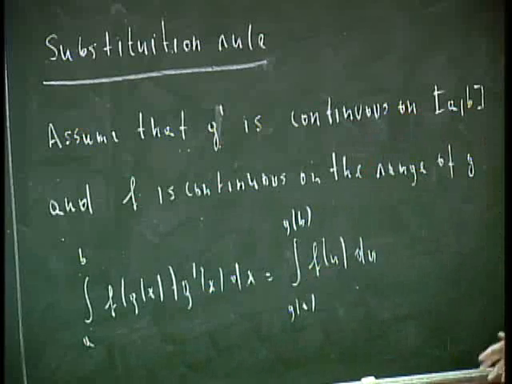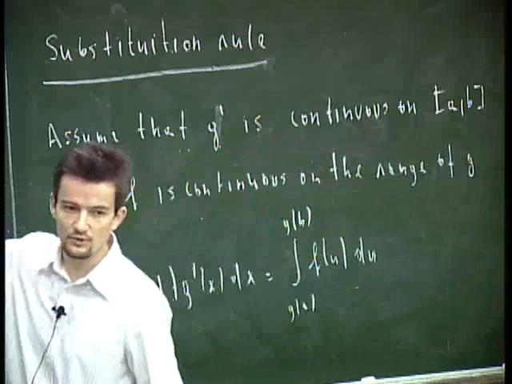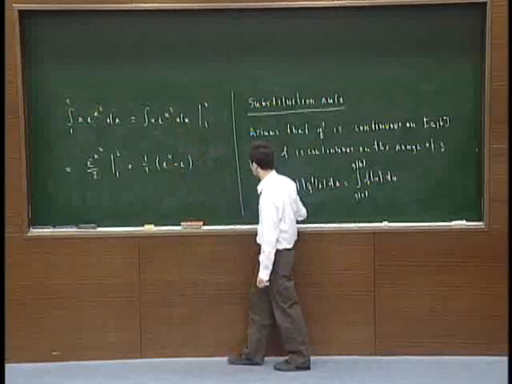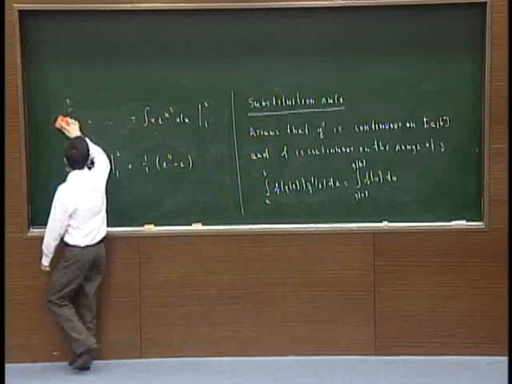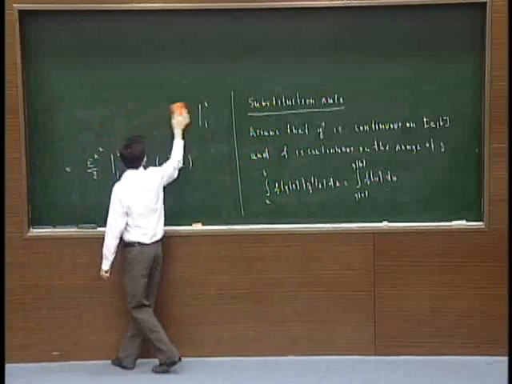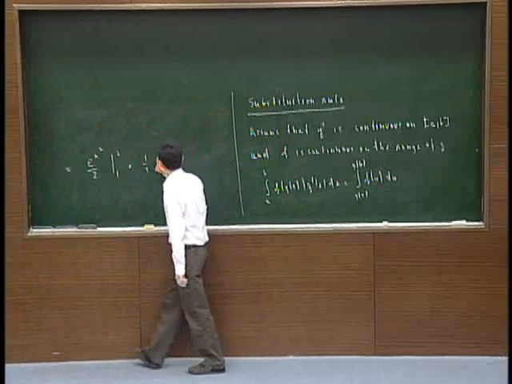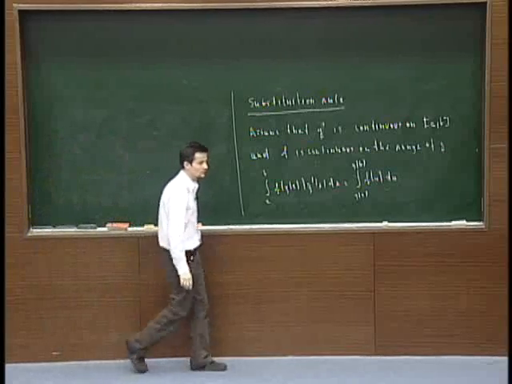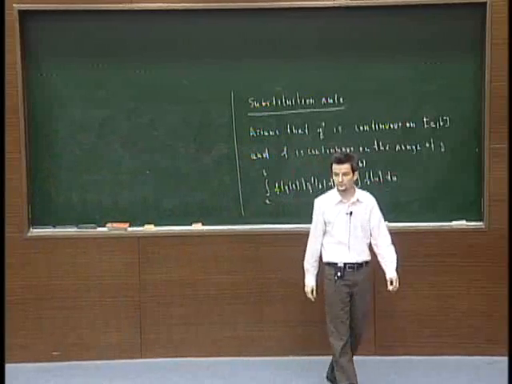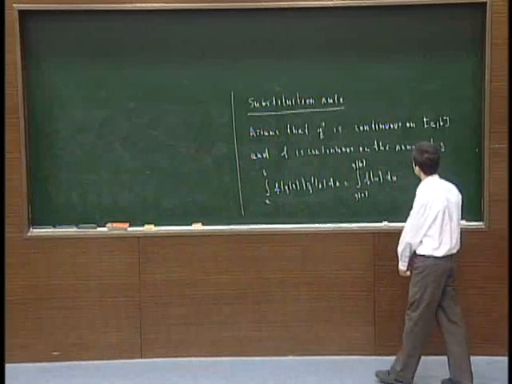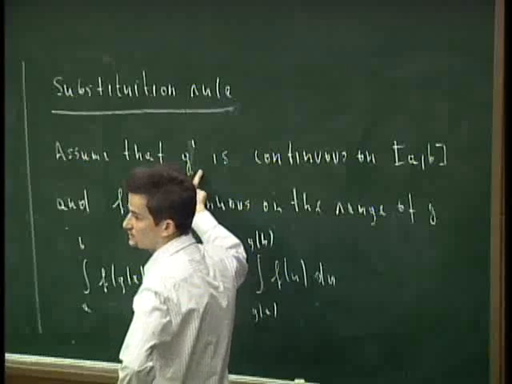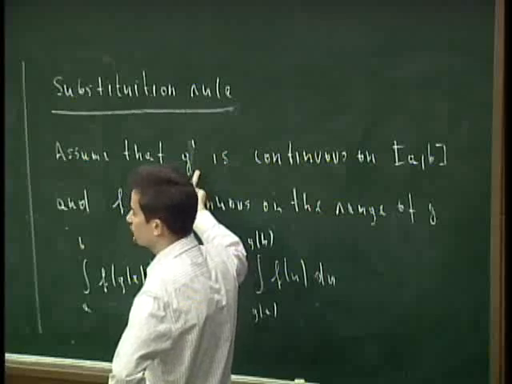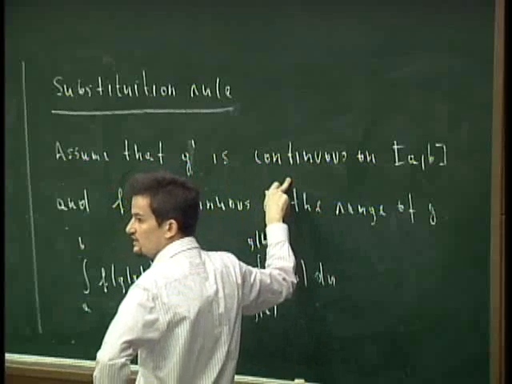So this is a little bit different from the first method. We have to prove it, but the proof is trivial. Maybe I should point out the assumptions. You see that they are a little bit different from the version for indefinite integrals. One difference is that I assume that g is not only differentiable, but also that the derivative is continuous.